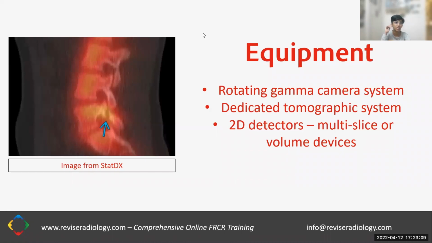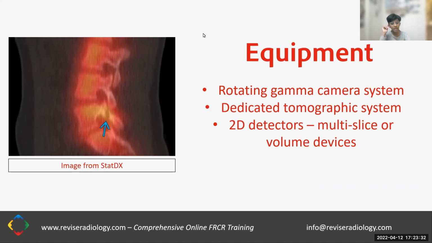Now we have the gamma camera system, which is able to take pictures of the photons coming from the patient's body. The gamma camera will rotate in a circular motion all around the patient and catch the photons coming in every direction. And then the computer will stitch together those images and create an image which looks like the image on the left-hand side.